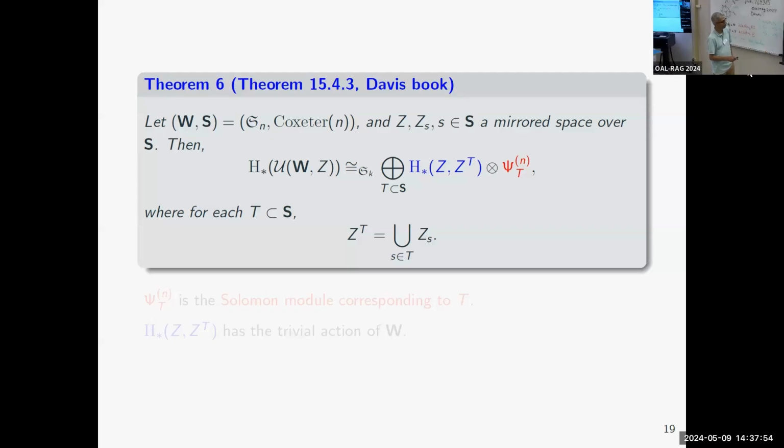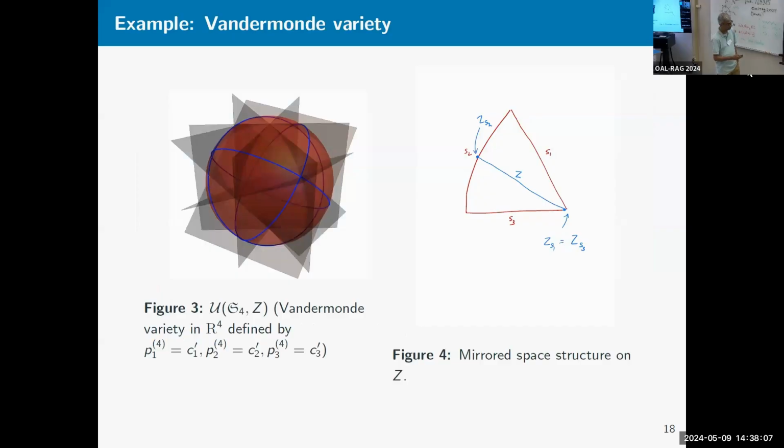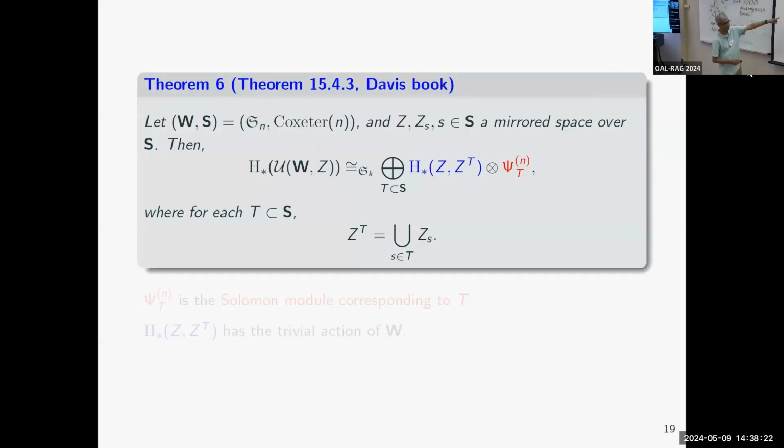So this is the usual homology of a pair of Z with Z super T, where Z super T is the union of the Z sub S as S goes over T. So in the previous picture, this is Z, this is ZS1, this is ZS2, and you take all possible subsets of S1, S2, S3, and you get an expression of the homology as an SN module.